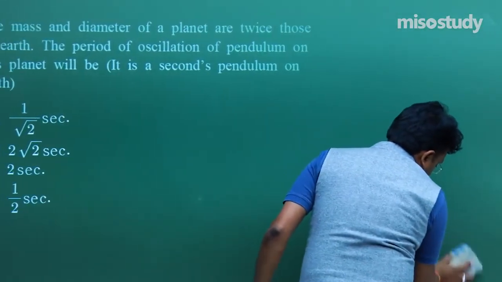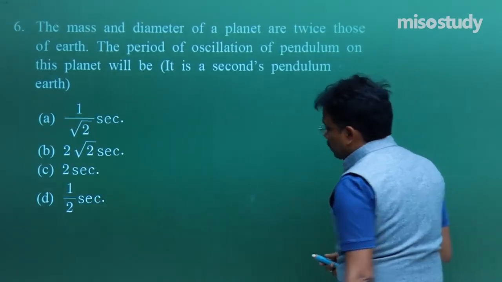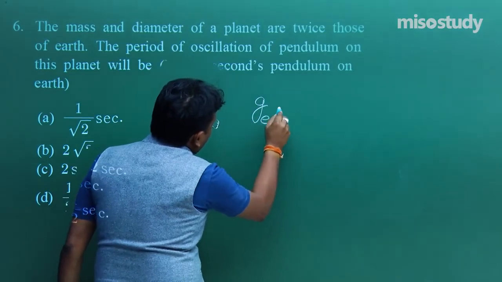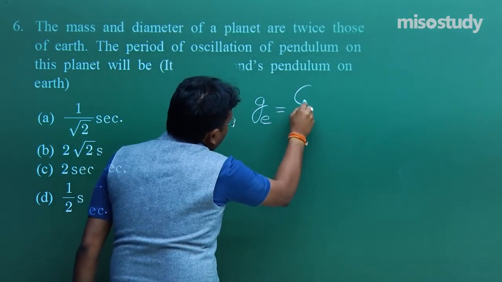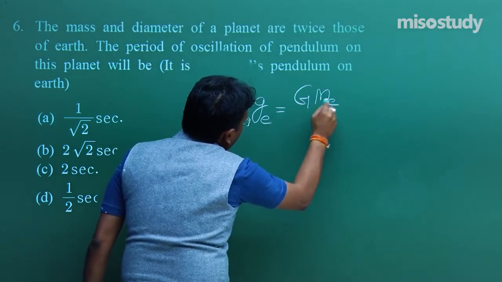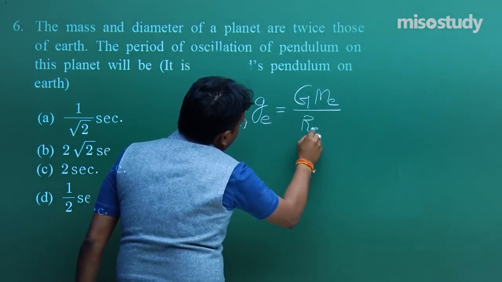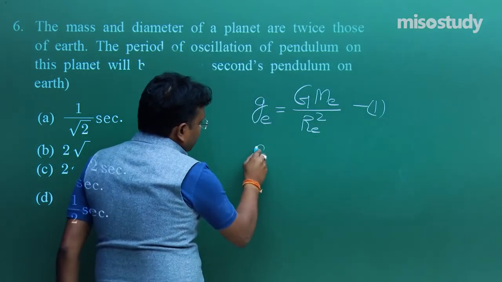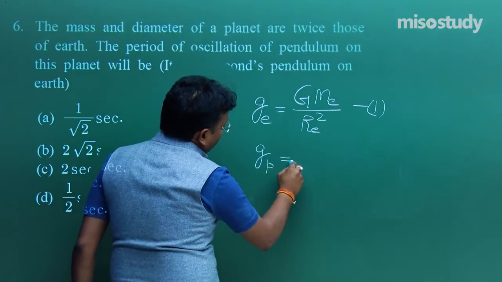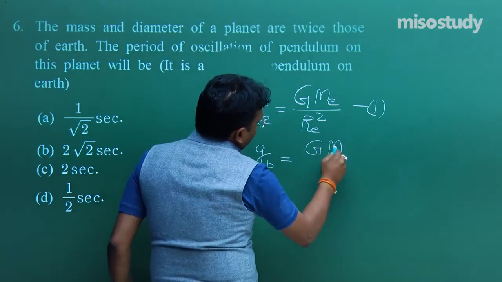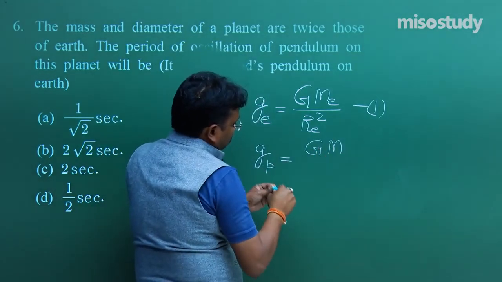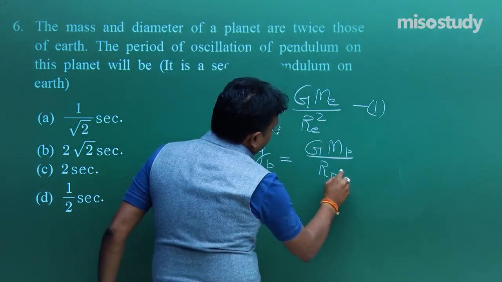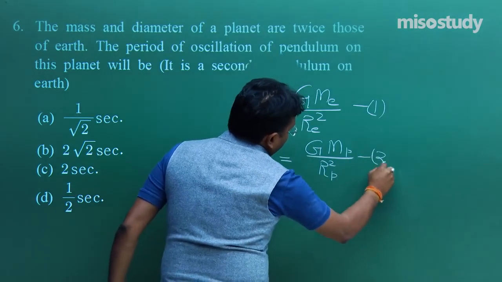So please take a look at this formula: g earth is equal to G ME upon RE square, equation number 1. Then g planet is equal to capital G mass of planet upon radius of planet square, equation number 2.